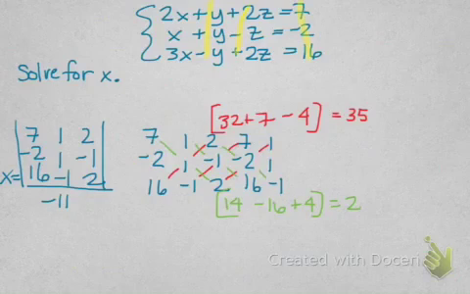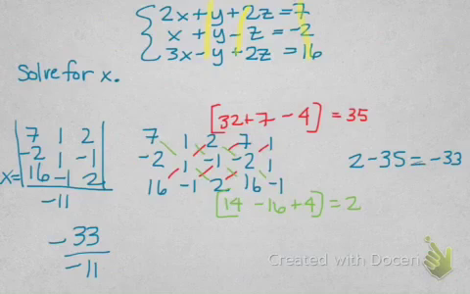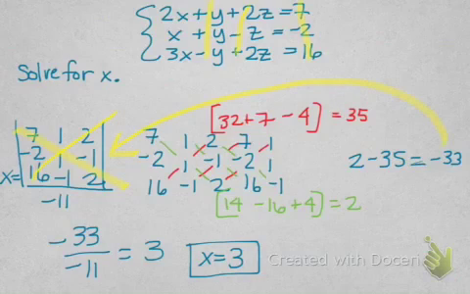So when we add it together, 14 minus 16 plus 4 gives us 2. 2 minus 35 is going to give me -33. So this is the value of our numerator. We have -33 over -11, and that is equal to 3. So we know our x value is equal to 3.